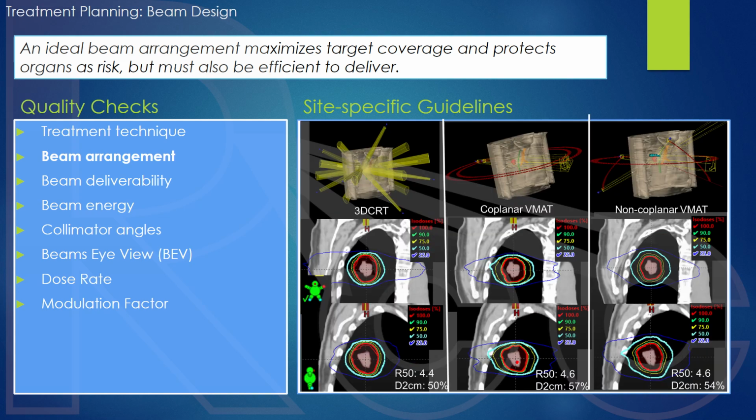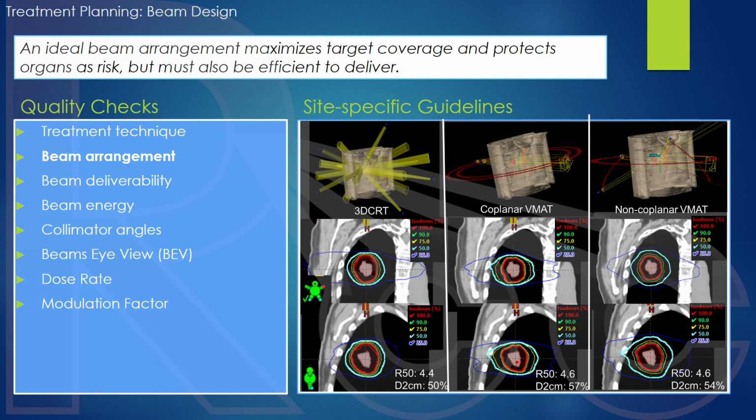This slide shows a lung SBRT case that has been planned with 3D conformal fields and a non-coplanar arrangement in the first column. The middle column shows coplanar VMAT arcs, and then at the far right is a non-coplanar VMAT technique.